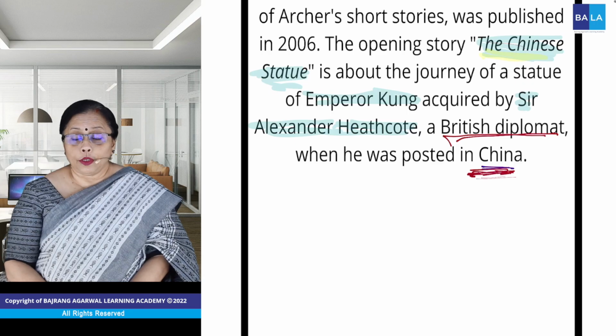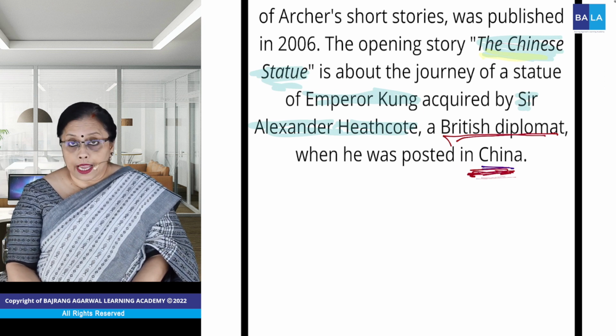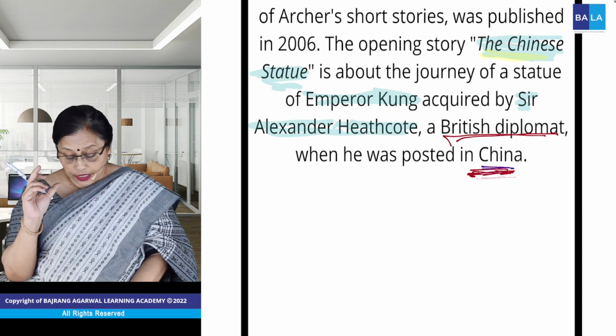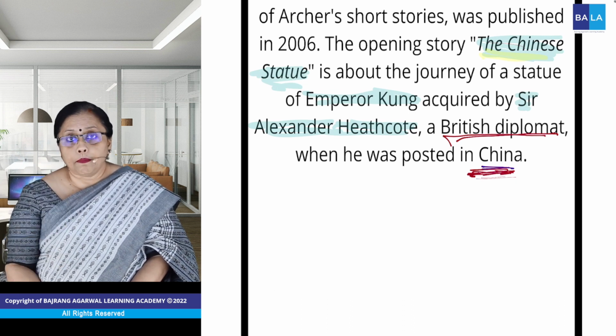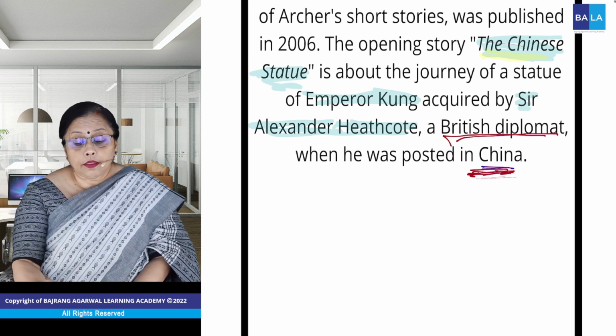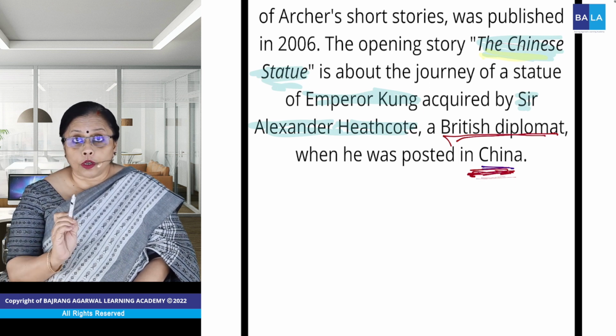Now let us go to this particular story. You can see on the screen on page 58, 59 is when the story begins, 58. I'm reading towards the last part of that paragraph. The Chinese statue by Jeffrey Archer is about the journey of a statue of Emperor Kong.